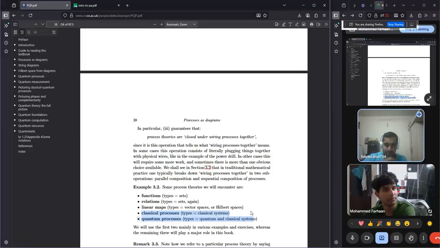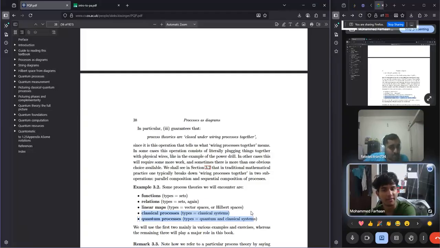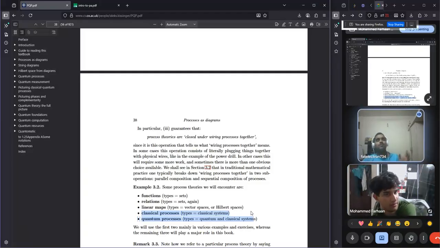Aren't classical processes just like a subset of quantum processes then? Exactly. It's very similar to how you look at the whole number systems, domains. Like real numbers are still a subset of complex numbers. Yes. That also carries us to whatever physics gives you.